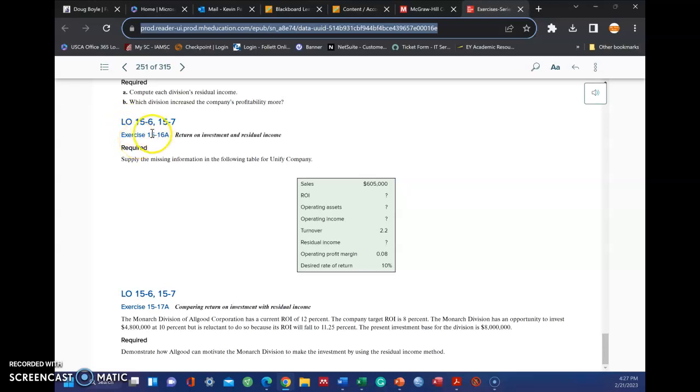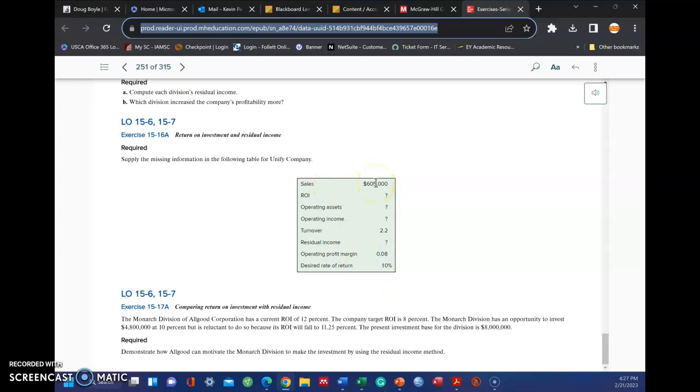All right, so we need to calculate return on investment, operating assets, operating income, and residual income. Just think about the ratios as we go through these. Some things are given to us: the turnover ratio, the operating margin, the desired rate of return, and sales.